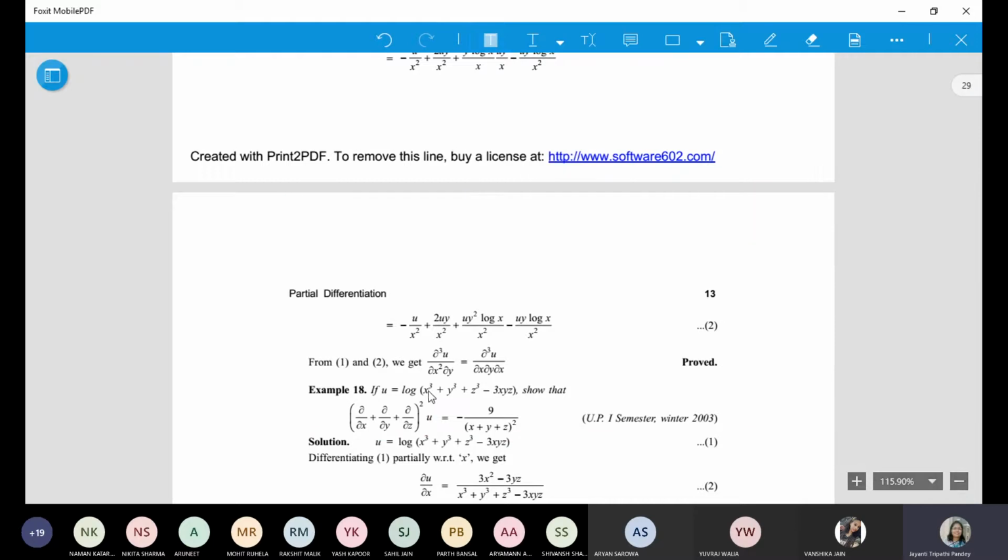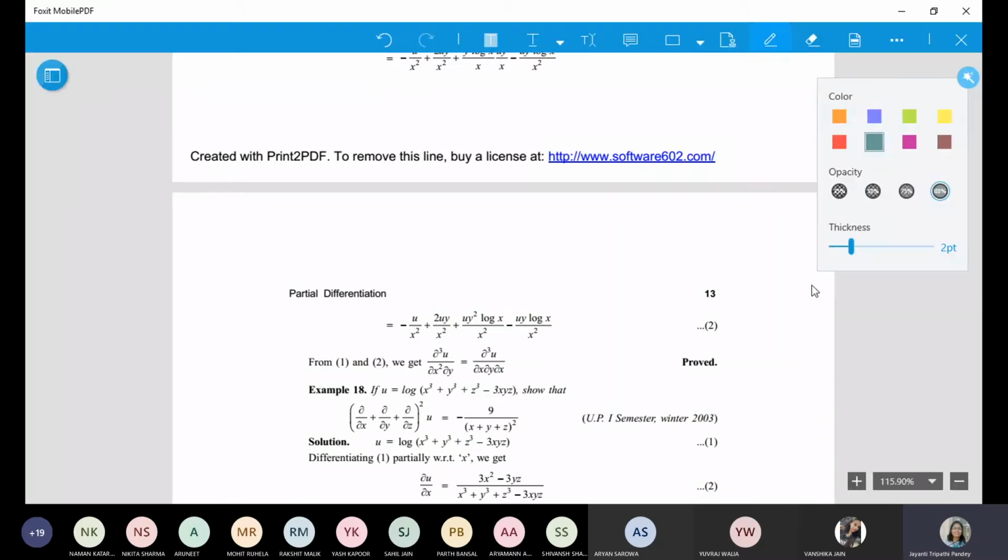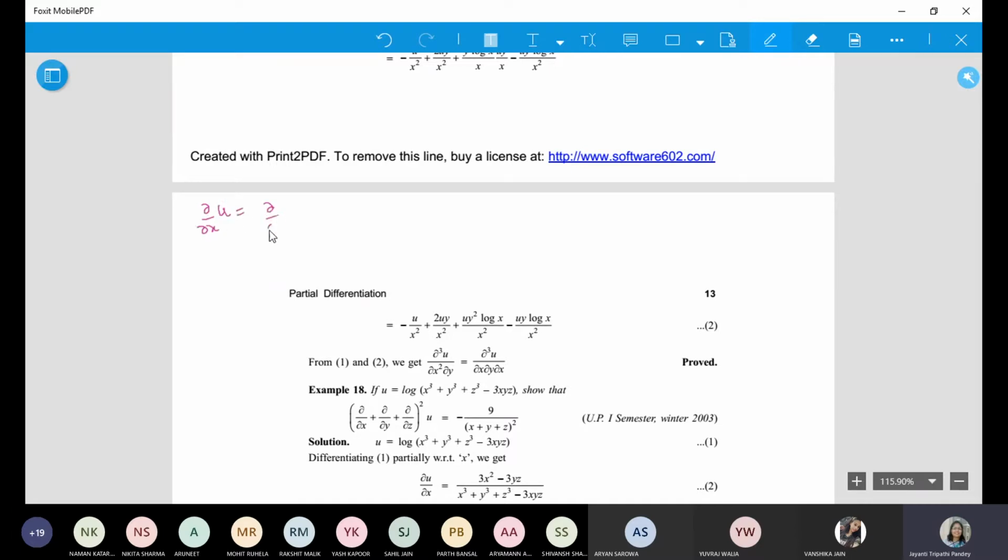Your u is given as log of x cube plus y cube plus z cube minus 3xyz. So you will differentiate this u twice. So let's do it like this. Del by del x of u. That means del by del x of log of x cube plus y cube plus z cube minus 3xyz.